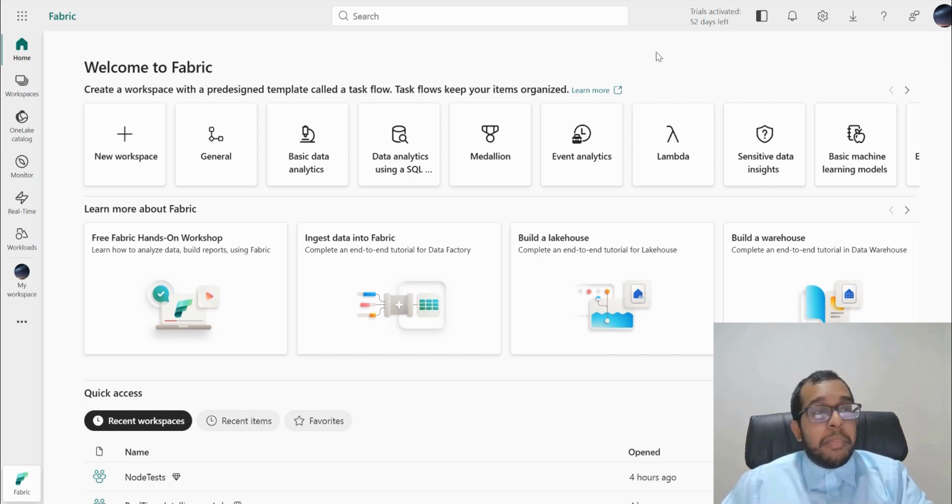Introduction. Building end-to-end analytics systems has never been simple, and for most organizations, it's been one of the most difficult problems to get right. Not because the tools don't exist, but because they exist in pieces. Analytics platforms are usually made up of many separate services, each solving only a small part of the problem.